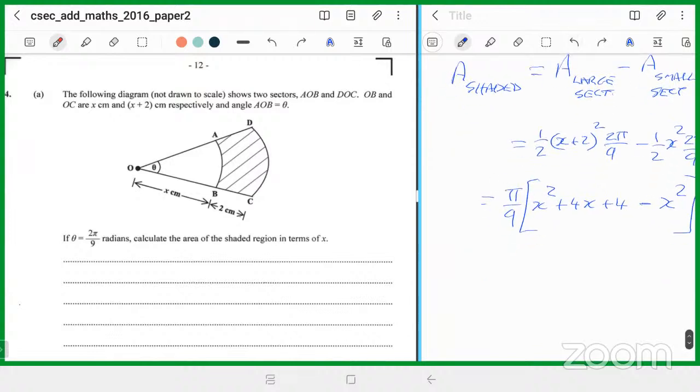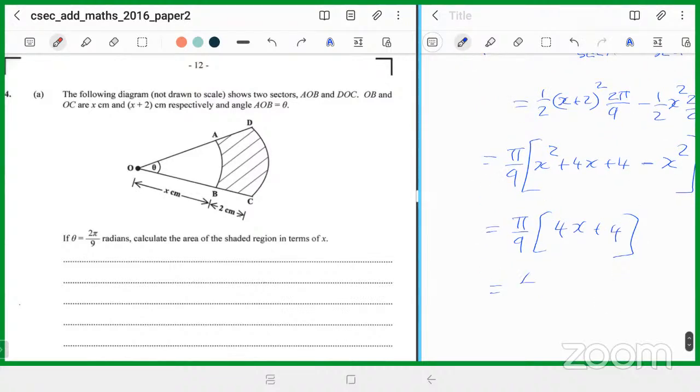And so we are left with pi by 9 into 4X plus 4. And you can also factorize a 4 out of here. And so it becomes 4 pi by 9 into X plus 1. And that is centimeters squared. And we won't simplify it any further. That is it. Are you okay with that?